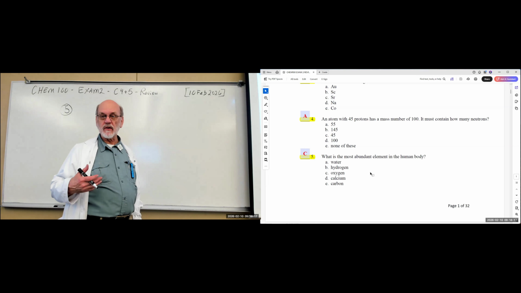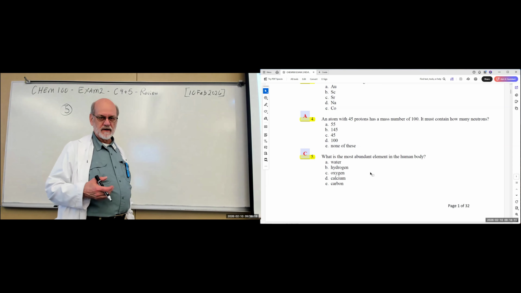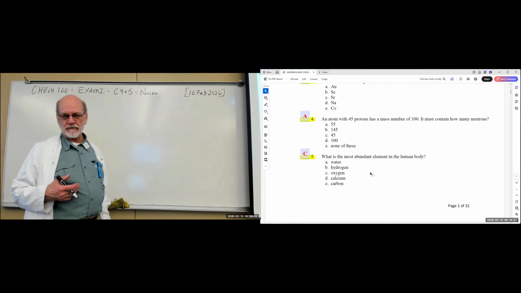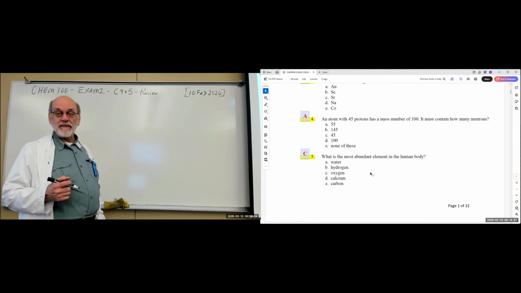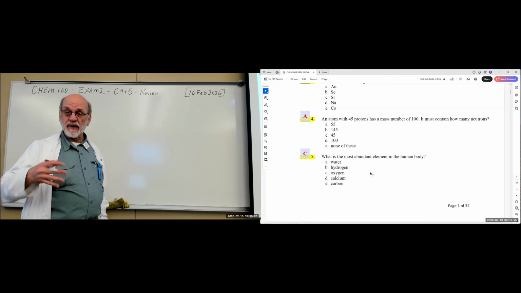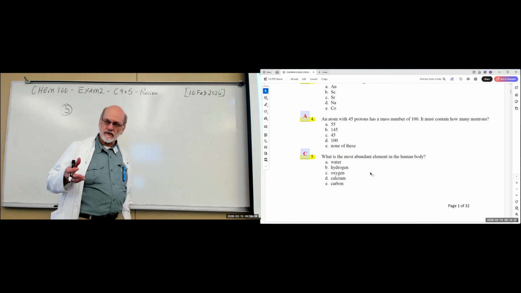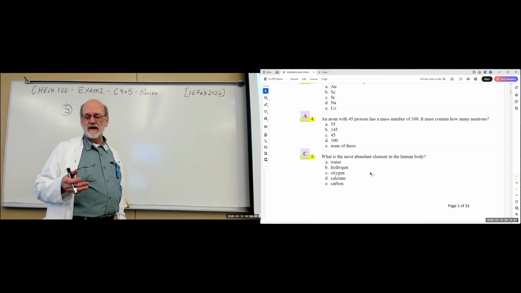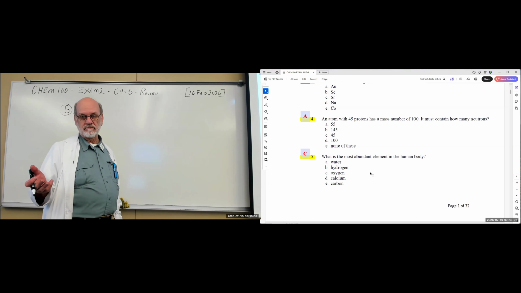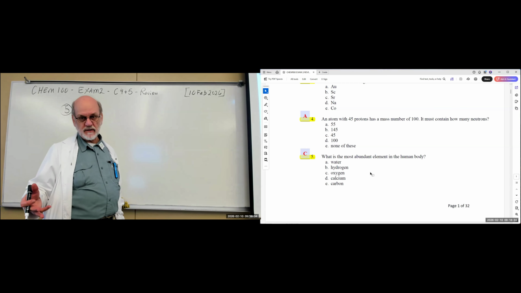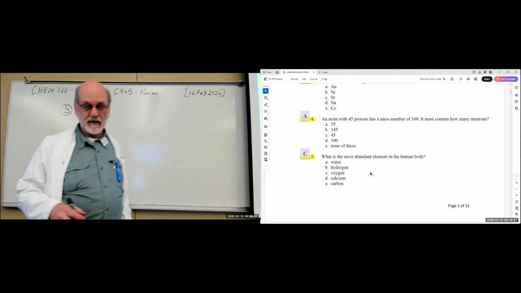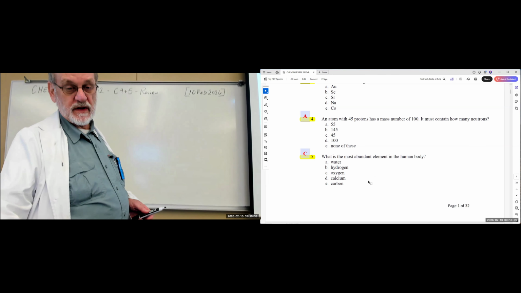That's the major component of our body. So our solvent is water. And that makes oxygen and hydrogen the most abundant by numbers. And since oxygen is 16 times the mass of hydrogen, oxygen is the most abundant by mass. So the best answer there is oxygen.